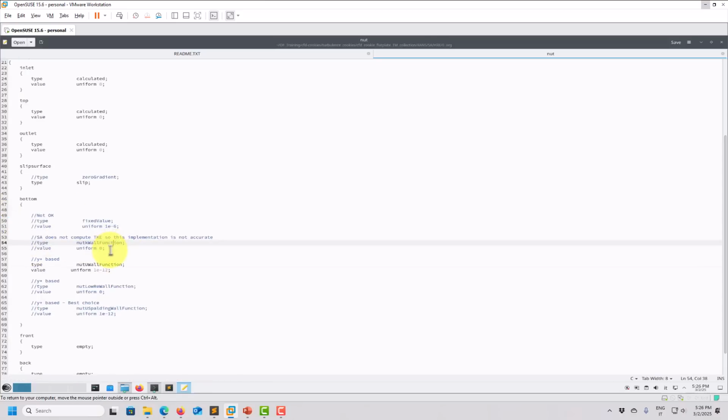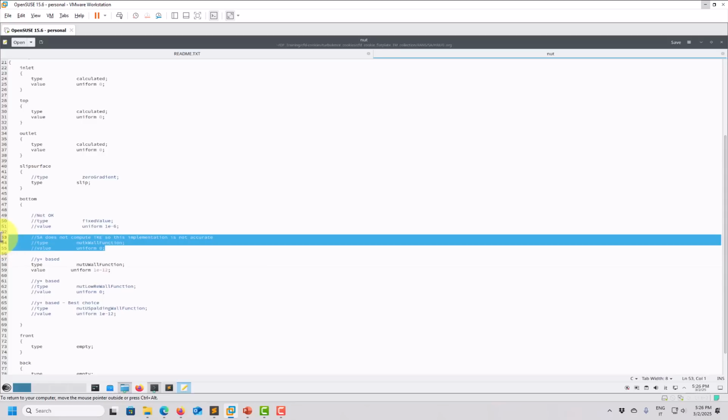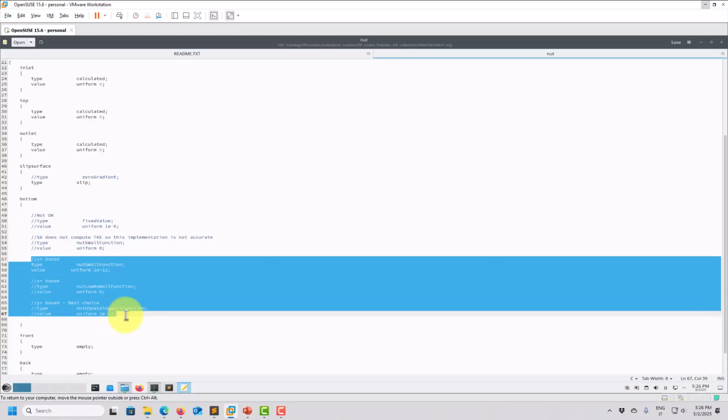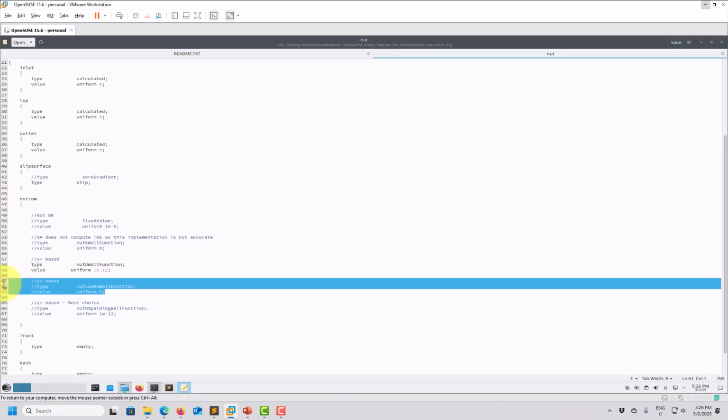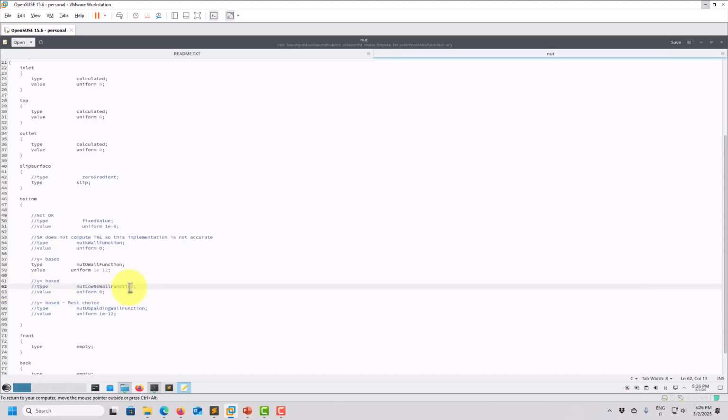This one is also not okay because we're not computing TKE, and these three are okay. It's up to you to pick one. Do not pick this one for wall modeling because you're going to get the wrong result. This is a specialization of the wall function for very fine meshes, so that is not correct. Be careful about that. And this is not only for Spalart-Allmaras but for any model, so you need to know your theory a little bit.